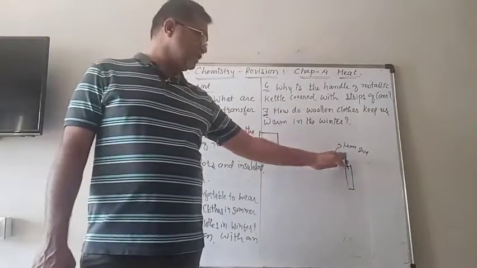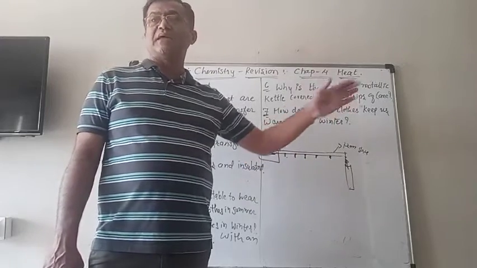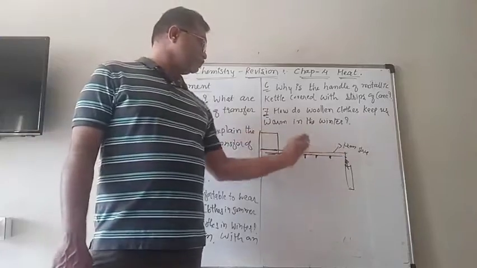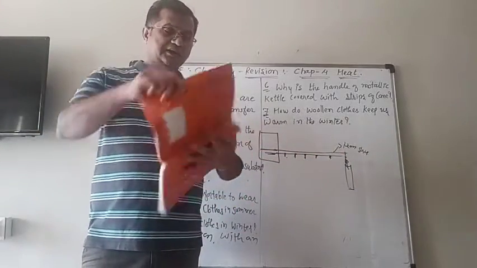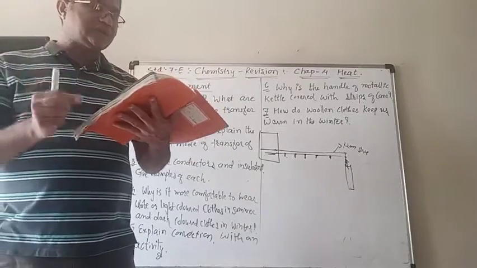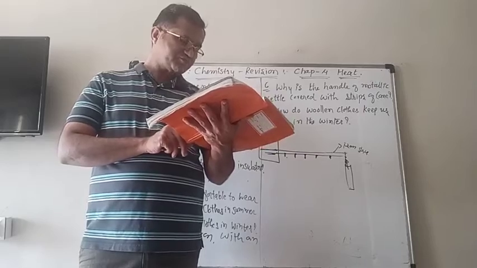So slowly the heat is passing through the next molecule, next atom, and thus it flows from the hot end toward the cold end, and thus that method is known as the method of conduction of heat by those materials.